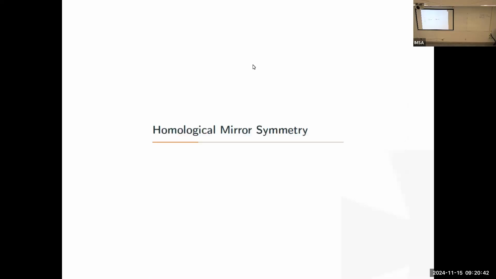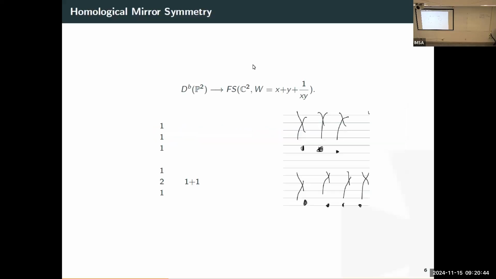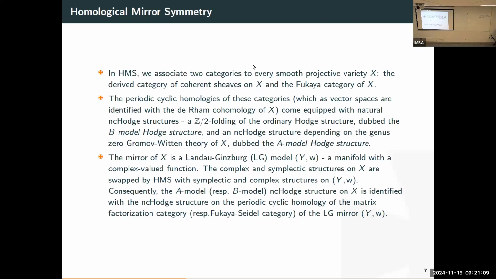So now I need to briefly introduce some ideas from homological mirror symmetry. Homological mirror symmetry is a correspondence between two categories. I will spend a bit of time on the case of dimension 2 and then go to dimension 3.